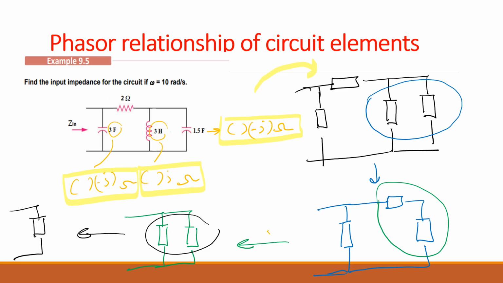Again you can add them considering whether they are in series or parallel. So these two are in parallel, so you can convert it to this. And then these two are in series, you can convert it to 1. And then these two are in parallel, then you can convert it to another one. So you can simplify like you did for resistors. Okay, so I'll give you time to do this and let me know when you finish.